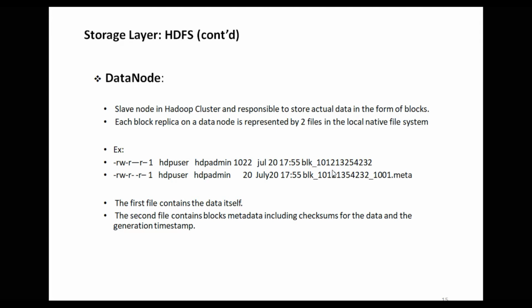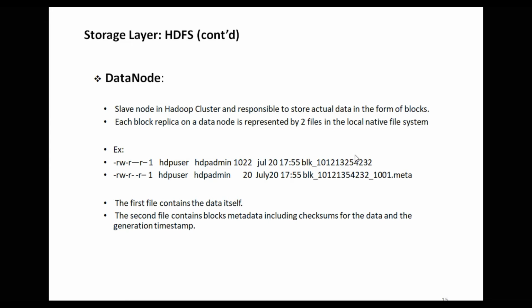The first file contains the actual data block that has been divided. The second file contains the block's metadata, including the checksum for the data and the generation timestamp, meaning the date you generated the file and block. All the information is stored in the metadata file of this data node.